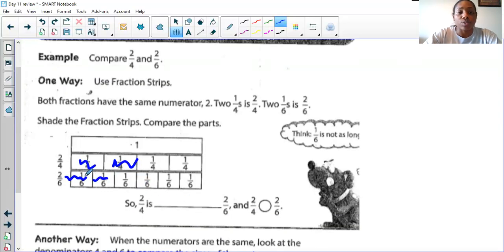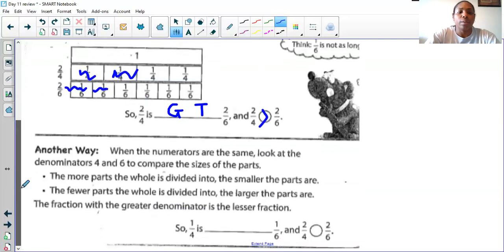The smaller one is 2/6, so the greater one would be 2/4. So we'll say that 2/4 is greater than, and I'm just going to write GT to represent greater than, 2/6. And 2/4, we already said, is greater than 2/6. So remember, if that's the case, we're going to eat the bigger fraction.